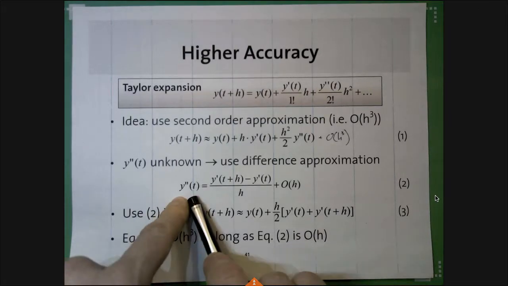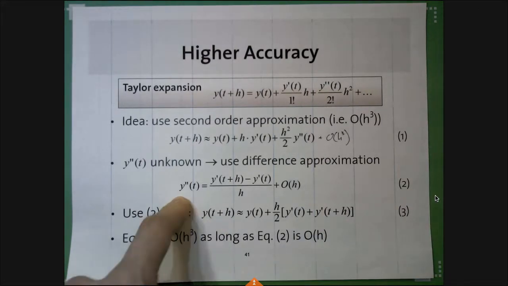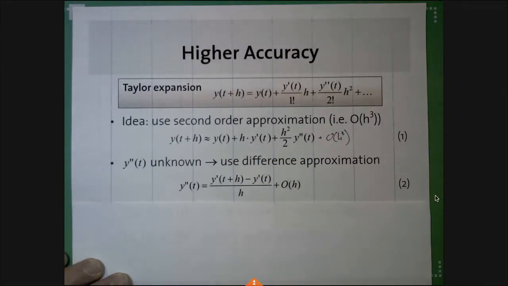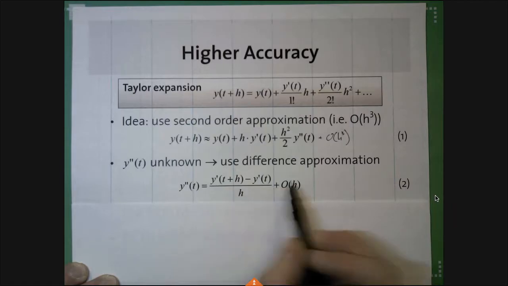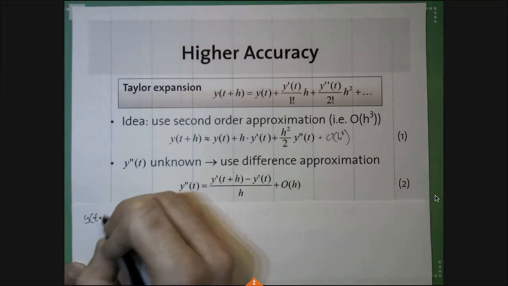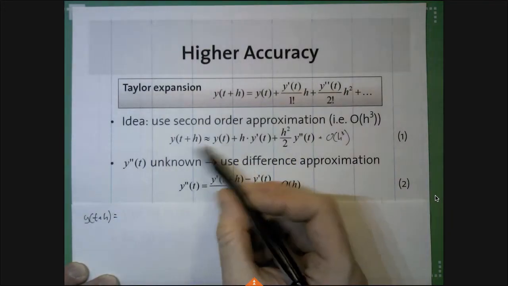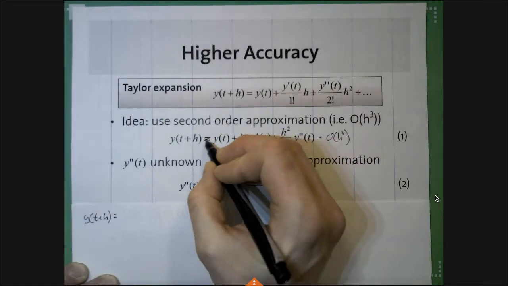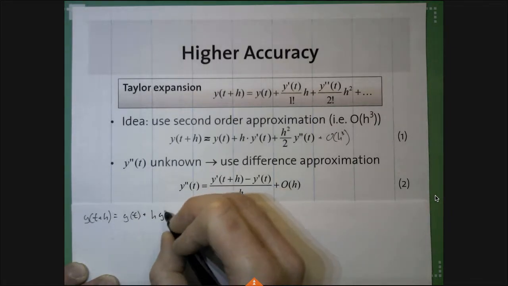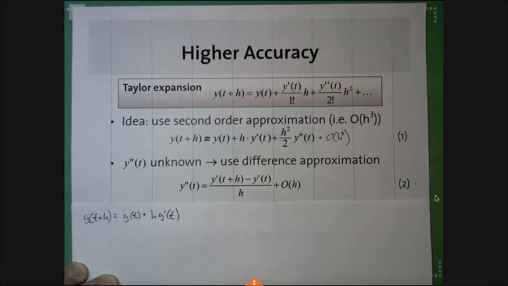And if we plug this in here, let me try to compute it quickly so you trust me. So what I'm going to do, I plug this finite difference in here. So I will get that y(t plus h) is equal, and I will put there this. So h y prime t. Can you see that? Sort of.